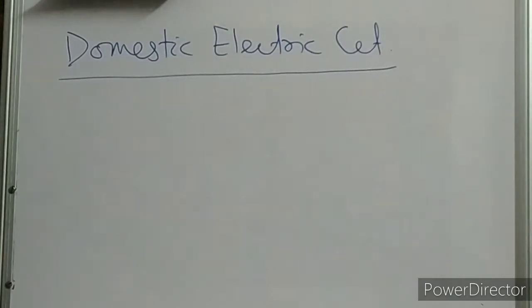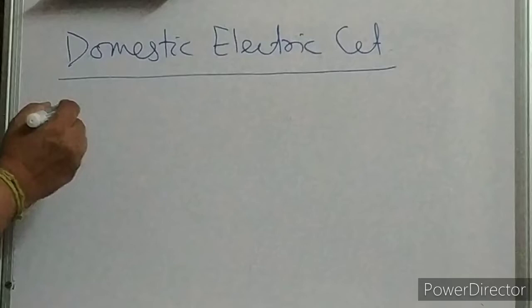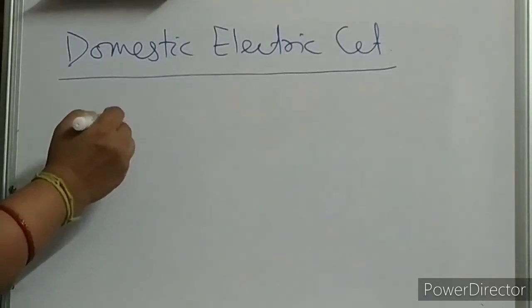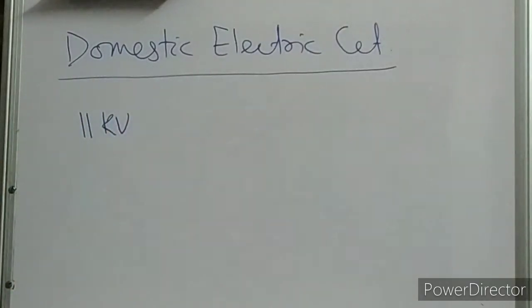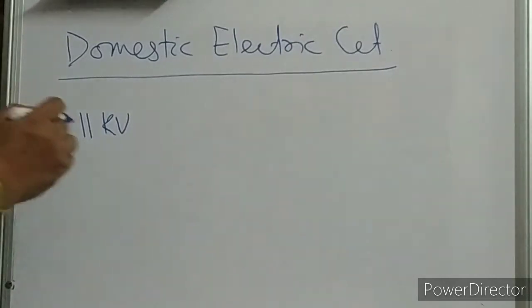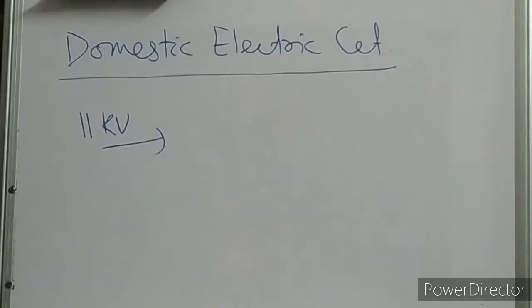It generates electricity at 11 kilovolt, and then this 11 kilovolt is supplied from the main power station to the grid substation.